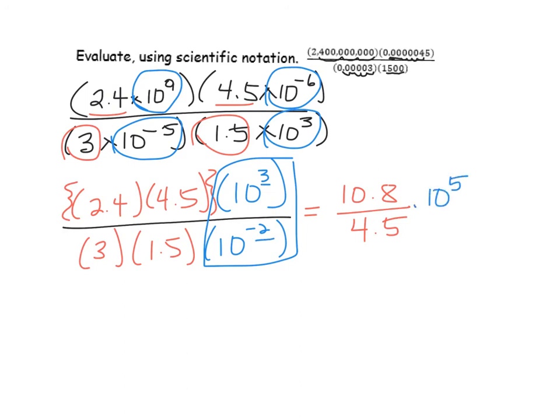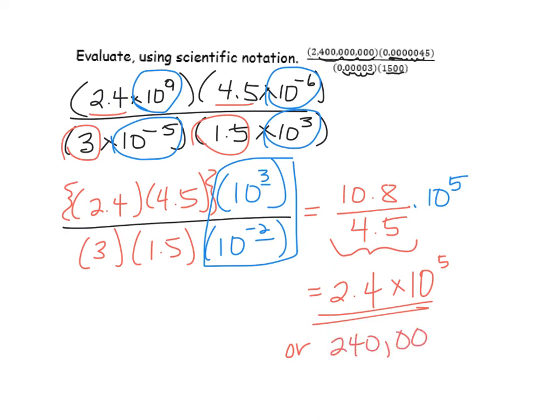Now on your calculator, you could go one step further, 10.8 divided by 4.5, and you just get 2.4 times 10 to the 5th, which means if you move the decimal over 5 places to the right, you would have 240,000. And that's just a way of using scientific notation to simplify a fraction.